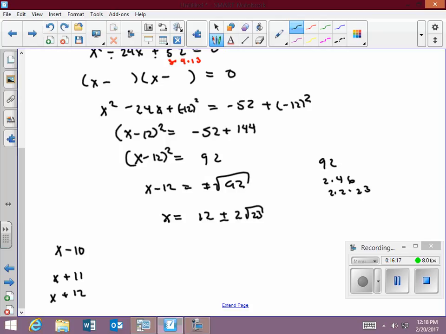And now that's going to be 12. Is that a negative or a positive number? That is 12 minus 2 square root of 23. Is that a negative number or positive?